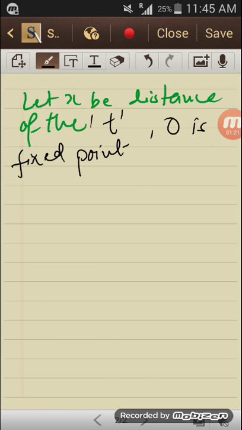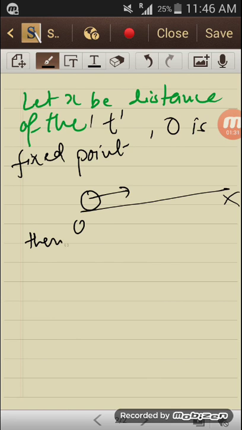This is O, this is x, this is the body, and the body is moving in this direction. Then we can write d2x upon dt square equal to f, isn't it?